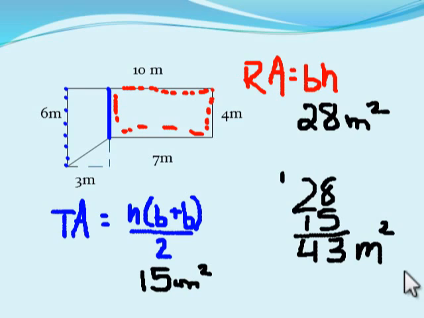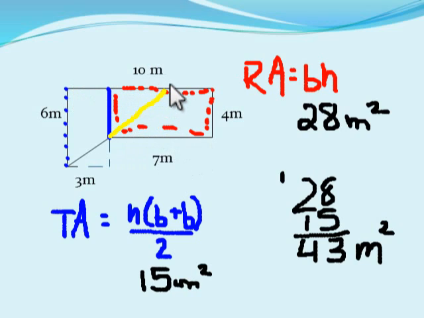So the trick here is to make sure that you can find the measurements. Example. Sometimes I've seen people want to do this. Extend a line like this and make this a big triangle and this a trapezoid. Here's the problem. I don't know how long this is.